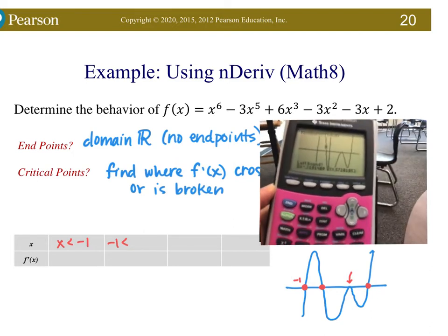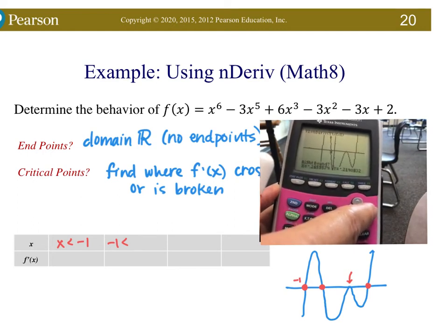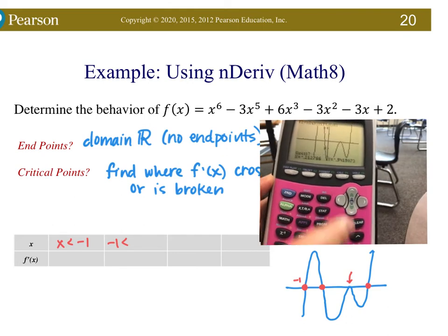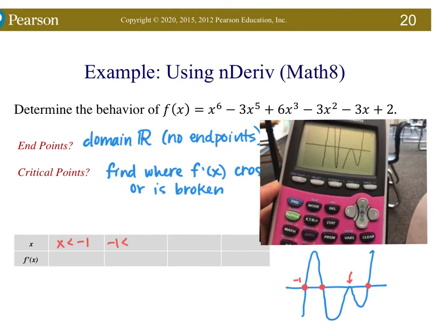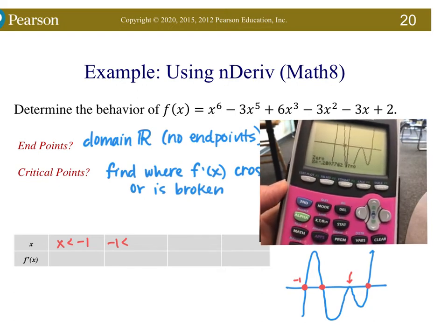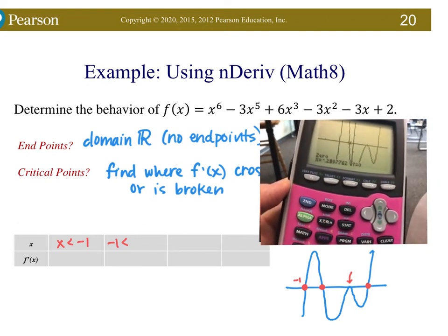So that's a positive number. And then I'm going to move my cursor right below it. That's a negative number. And then I want to be as close to it as I can for my guess. And it tells me, as it's figuring it out right here, that it's -0.2807, which is -0.281.